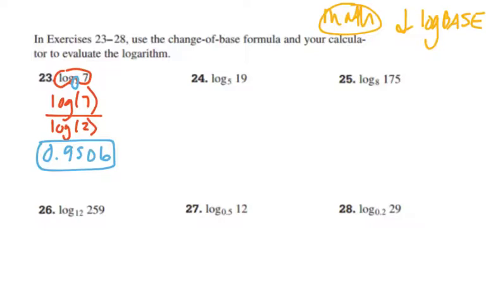So every one of these, you can just type into your calculator and get the decimal. That's all they're asking. But again, it's because you can change the base. So I'm just practicing. So again, all of them are going to be log base 10 potentially, or natural log, just because that's the only ones that were ever given on a calculator.